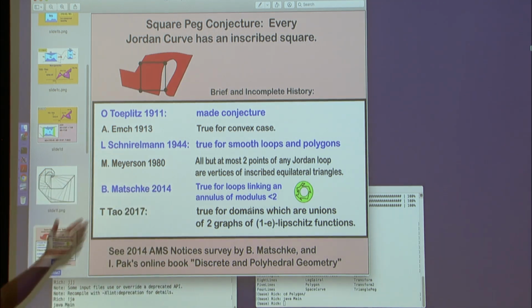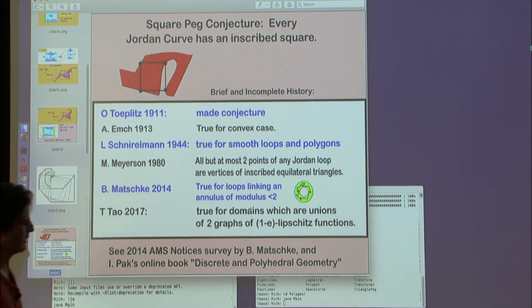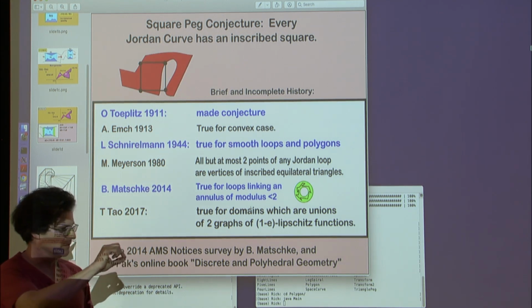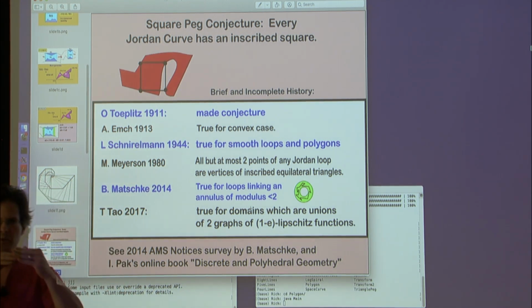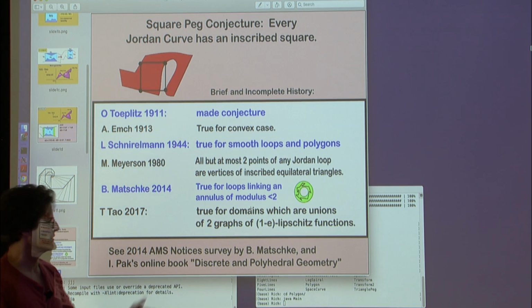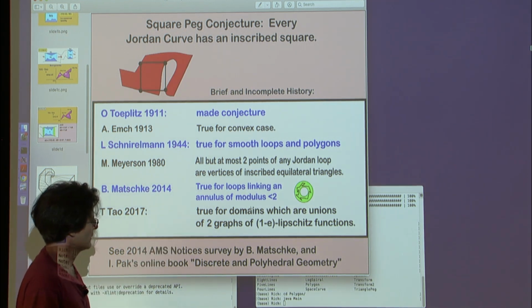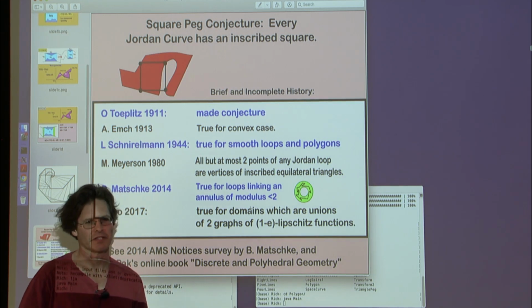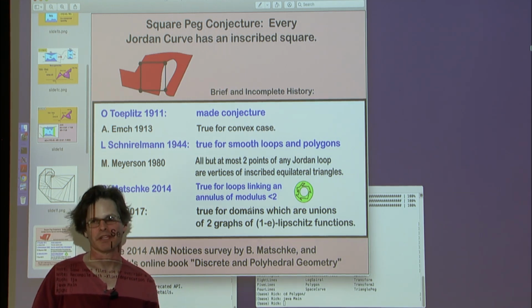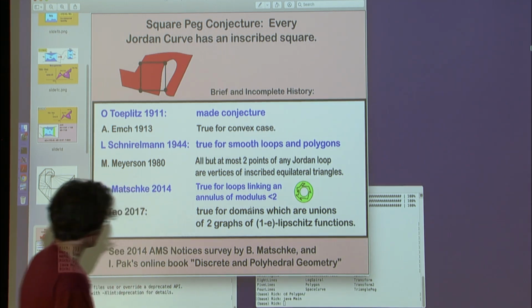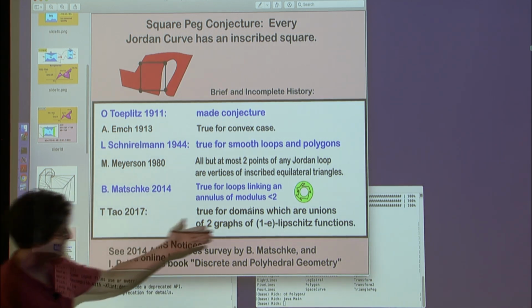And then there's this theorem of Tao-Tallis, where you have a region which is between the graphs of two functions, and the functions are distance decreasing. Then it's also true if you have a region which is locally the graph of a function. You can also prove it there. This made me feel a little bit better, though it's a technical result.